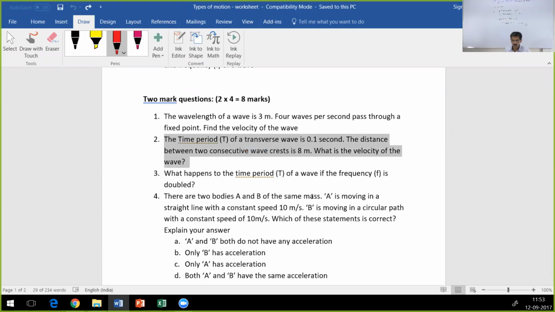What is the velocity of the wave? Let us discuss it. I will write the answer on the board.